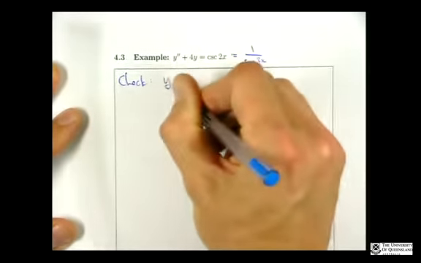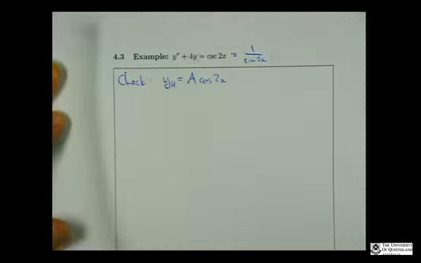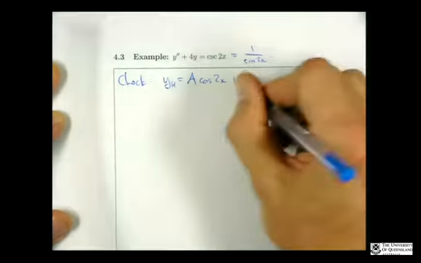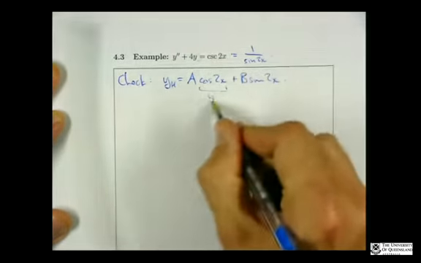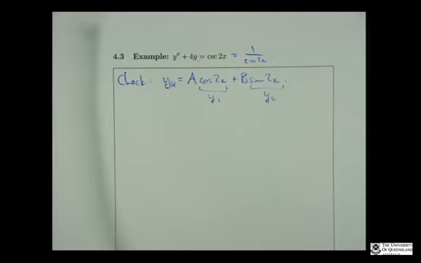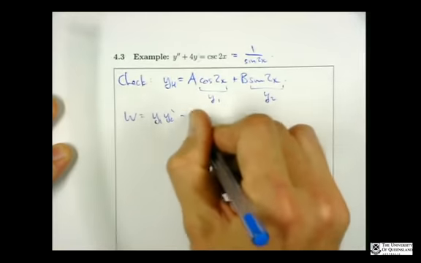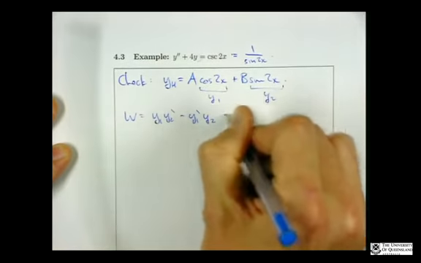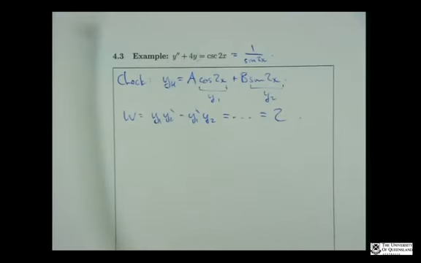So just check then that the homogeneous solution is just, say, a cos 2x plus b sin 2x. And if we call this y1 and this y2, we end up with the Wronskian evaluating to 2. A very simple form of the Wronskian in this case.